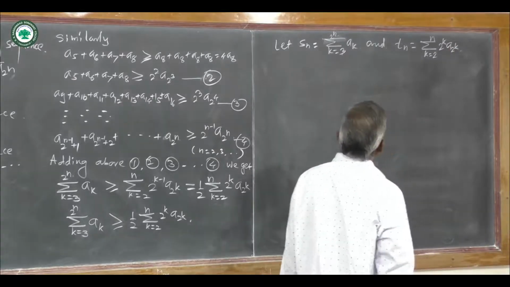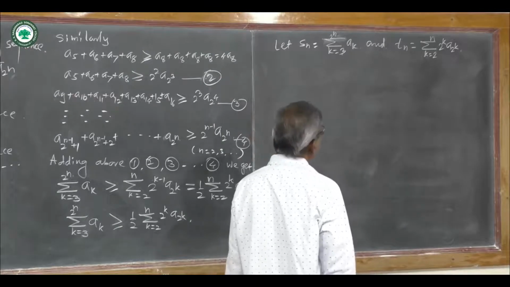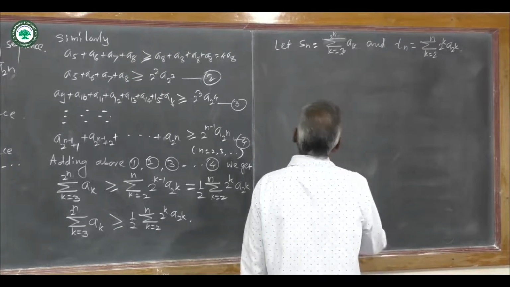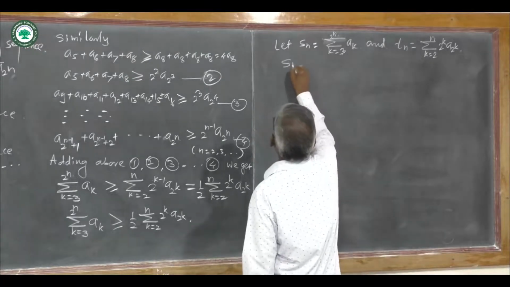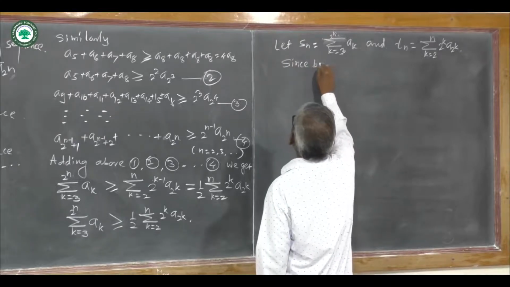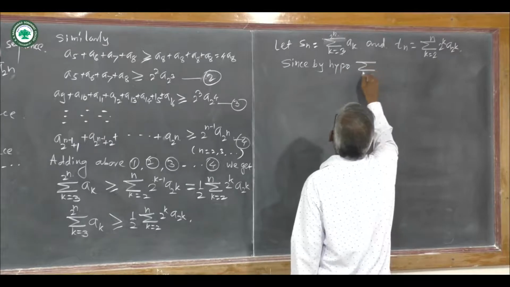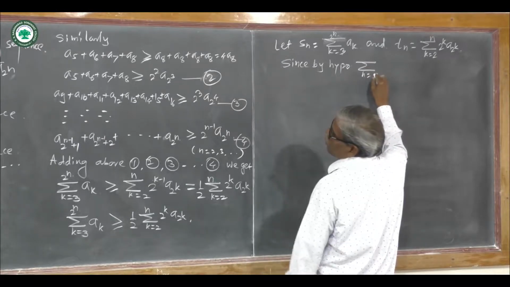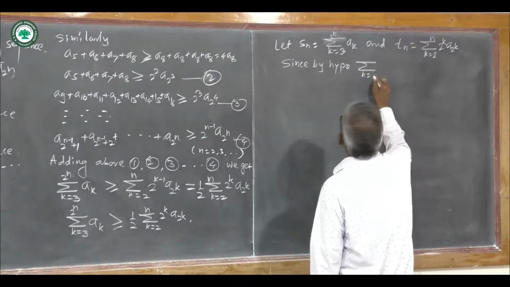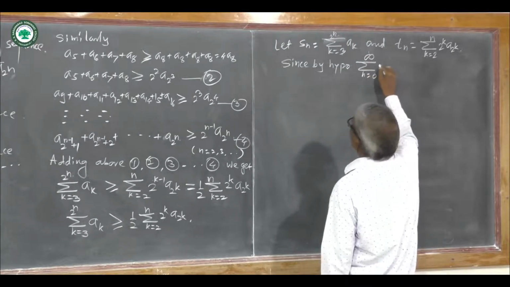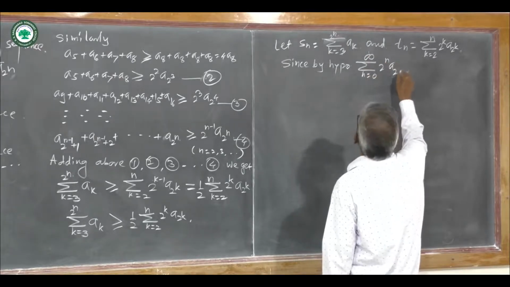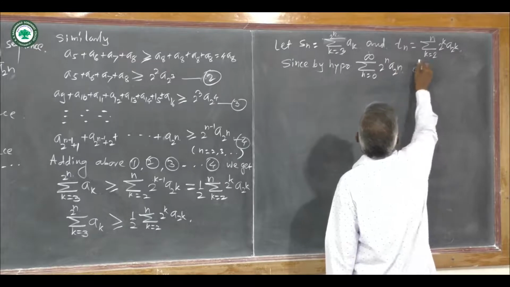Since by my hypothesis sigma n is equal to 0 to infinity 2 raised to n into A suffix 2 raised to n diverges.